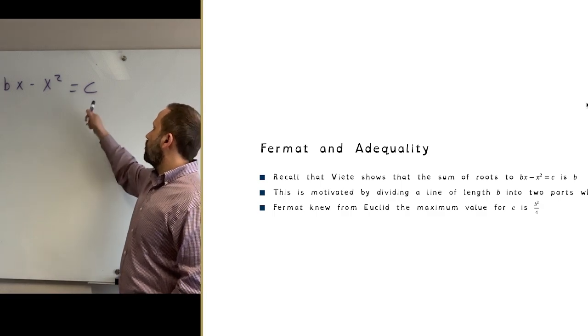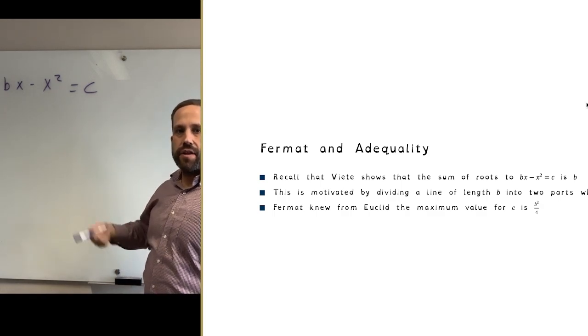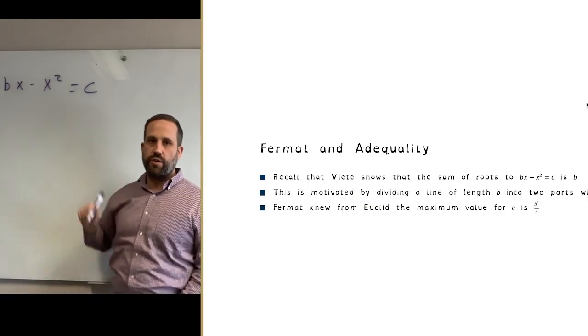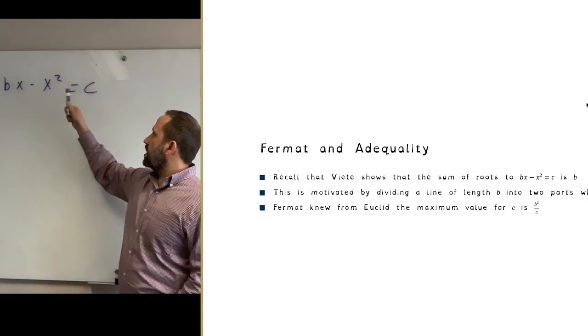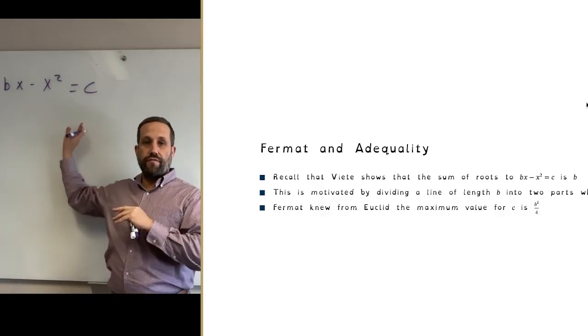One of the things we're interested in is the maximum value that c can have. Another thing is what relationship the roots of this equation have. In other words, if b and c are fixed.